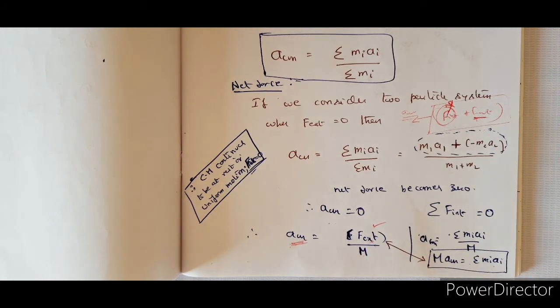Beautiful. So all this discussion is for what? Only one simple statement, that internal forces cannot affect center of mass, whereas external force impacts, and the result is that there will be a non-zero acceleration to the center of mass, right? So please note it down.